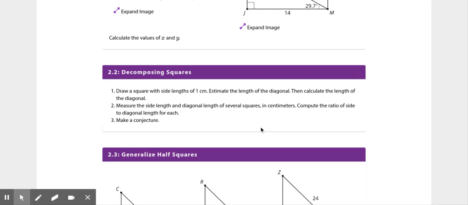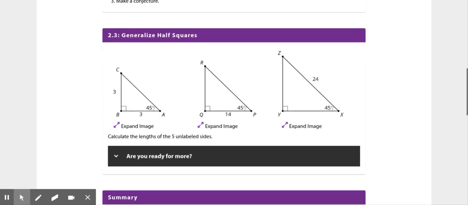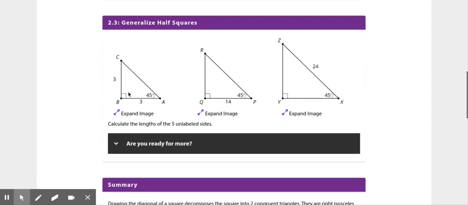So hopefully your conjecture was that it was always going to be whatever that side length is times the square root of 2, or times that 1.414. So as we generalize that now, if we look at the first triangle here, if it's 3 units on a side in that triangle, the hypotenuse, or like the diagonal of the square, would be 3 times the square root of 2.